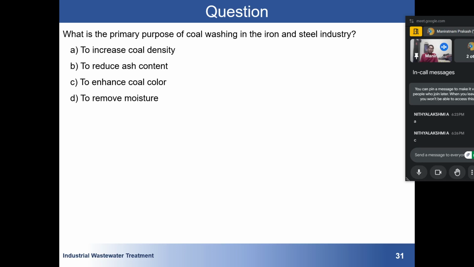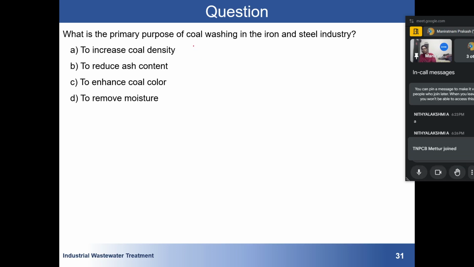What is the primary purpose of coal washing in iron and steel industry? Why do we wash our coal? Why is there a need to produce this much waste water? The answer lies within this simple thing.